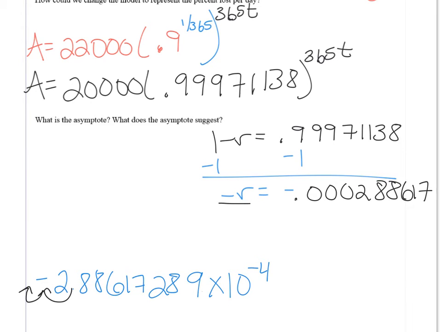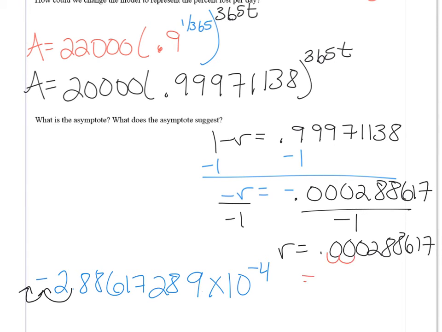Both sides are negative, so we'll divide by negative 1. So R is 0.0002888617. But now changing it to a percent, that is 0.02886% each day, because we converted it to days.